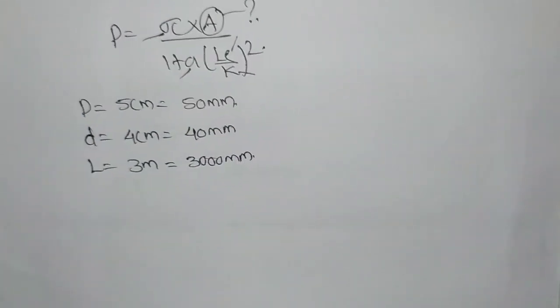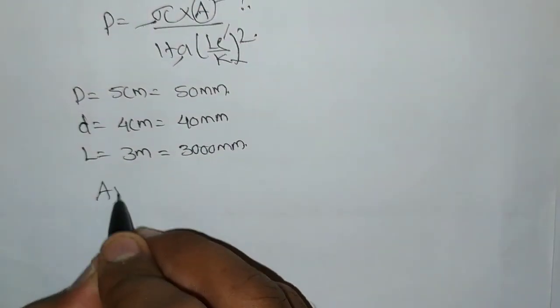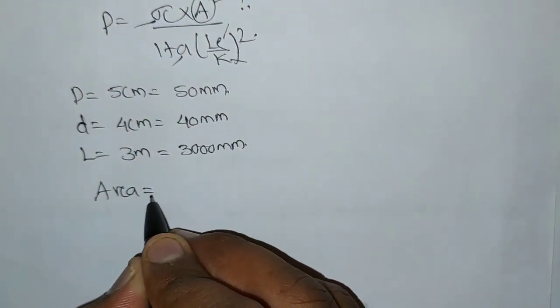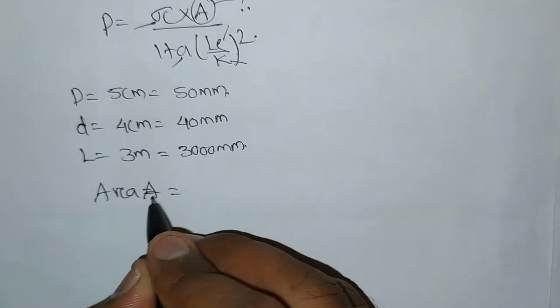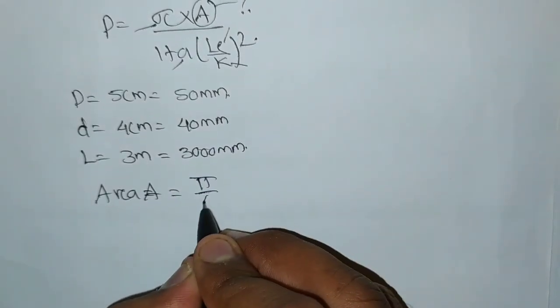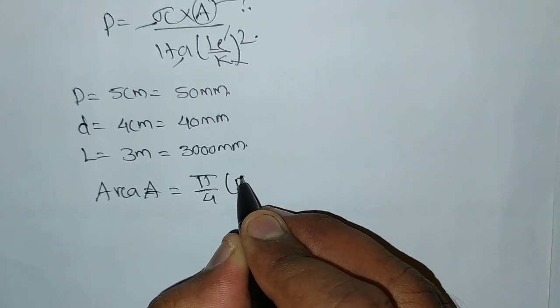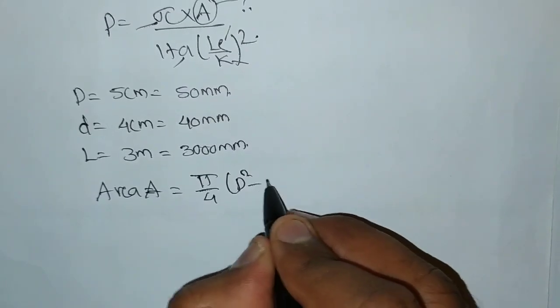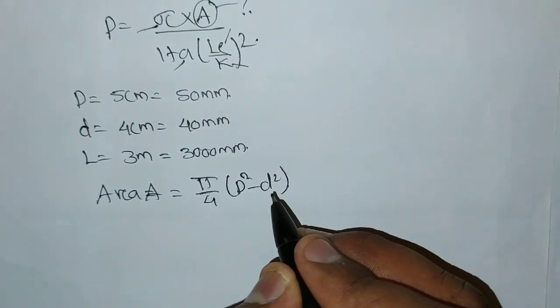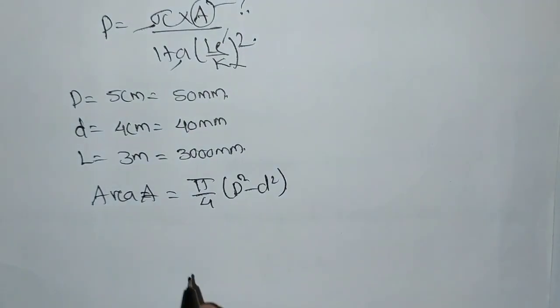Now from this we will find out the area. Therefore, area for this condition, A is equal to pi by 4 of capital D square minus small d square, since it is a hollow section, outer diameter minus inner diameter.